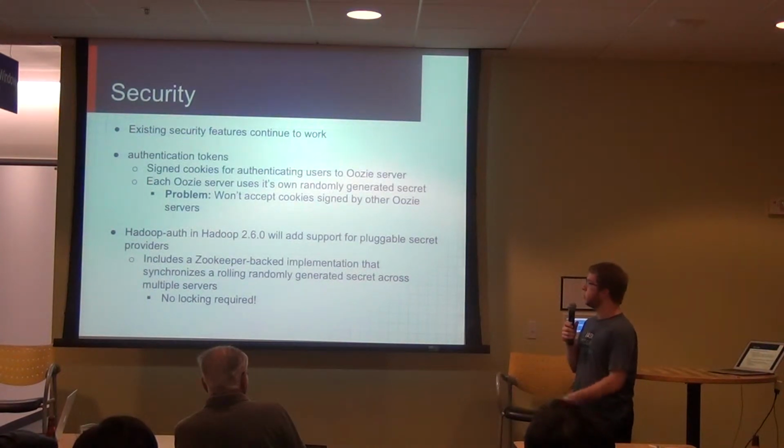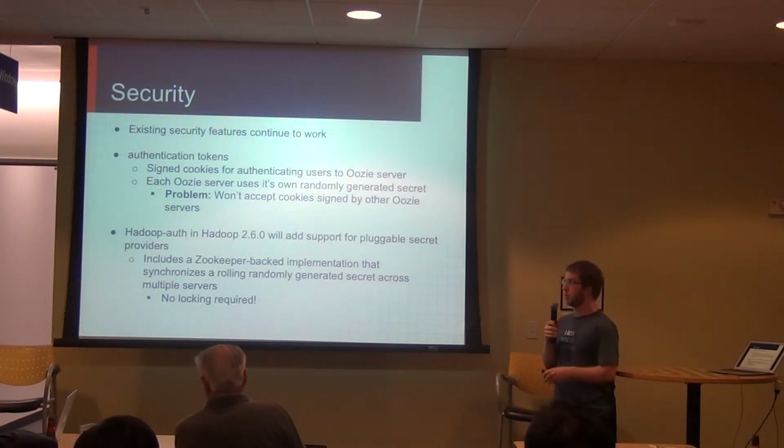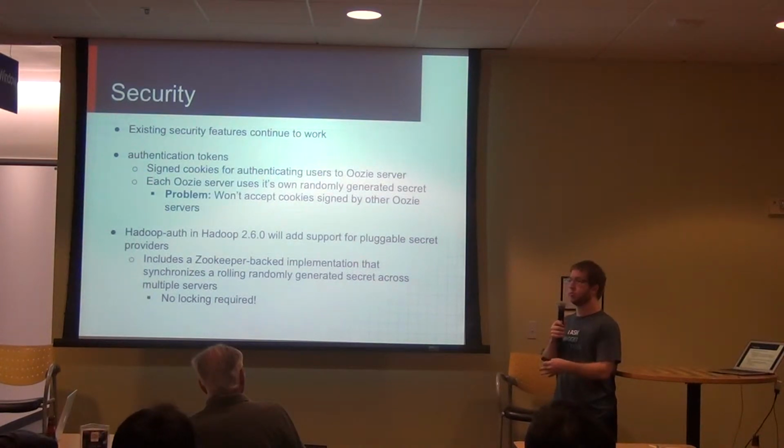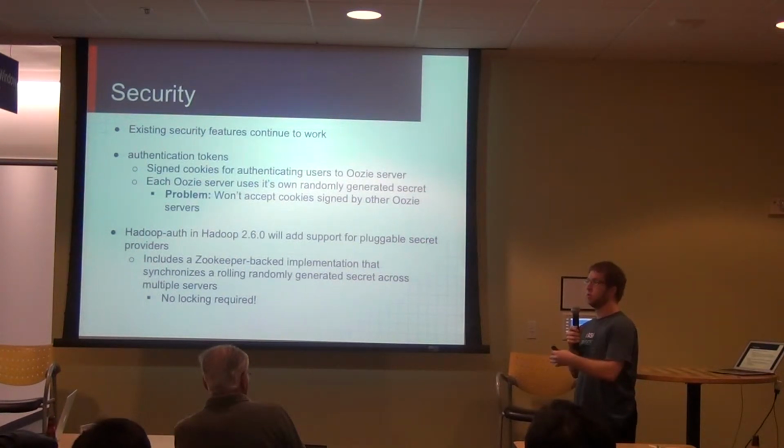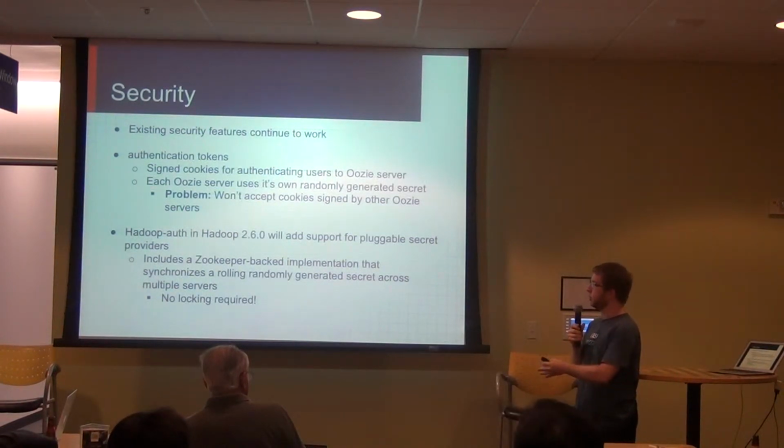So we added a Zookeeper-backed implementation that has a znode that stores all the current secrets and the next secret. It synchronizes between all the Oozie servers, and it also rolls. If you had just a static secret, then it's going to stay there for quite a long time, and possibly someone could guess it. But by rolling it, it's a lot more secure, and it's going to continue.